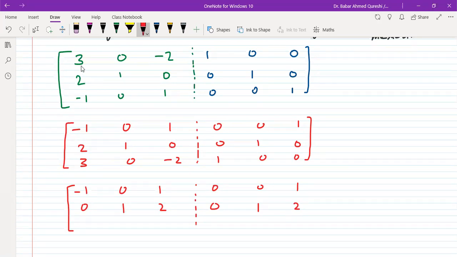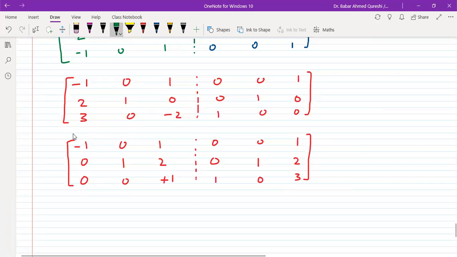Now 3 times row 1 added to row 3. Plus 1. That's what I get.